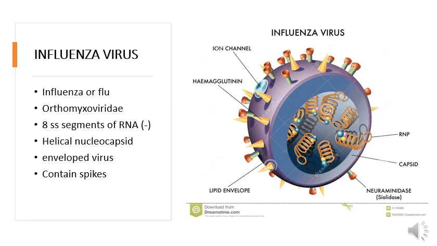It forms a complex with the receptor sites on the animal cell membrane, and then through the process of endocytosis, the virus goes into the animal cell.